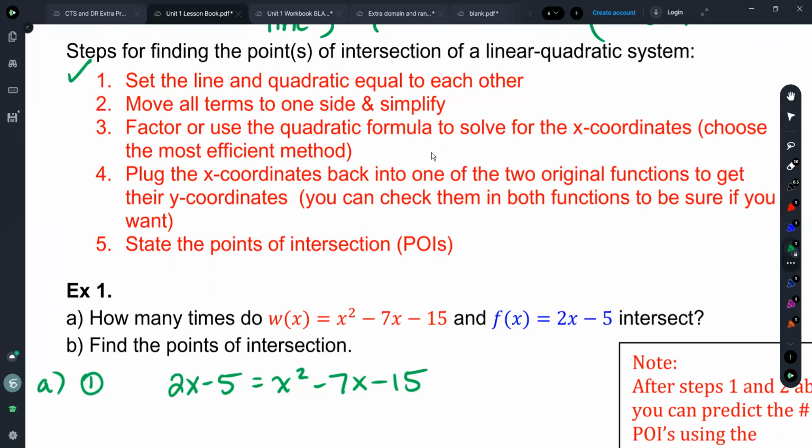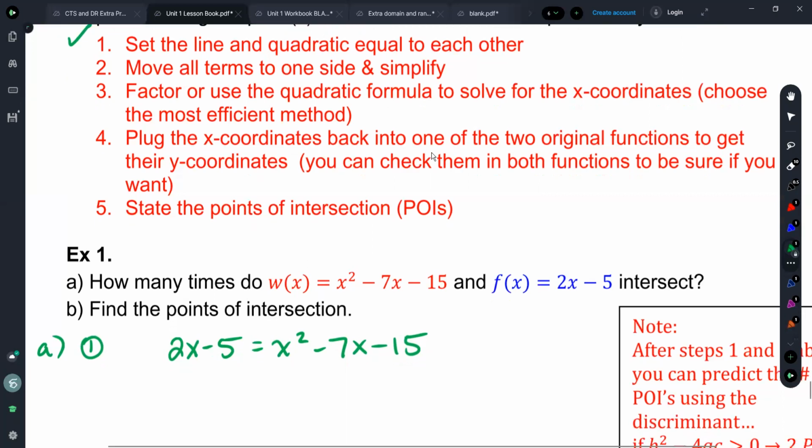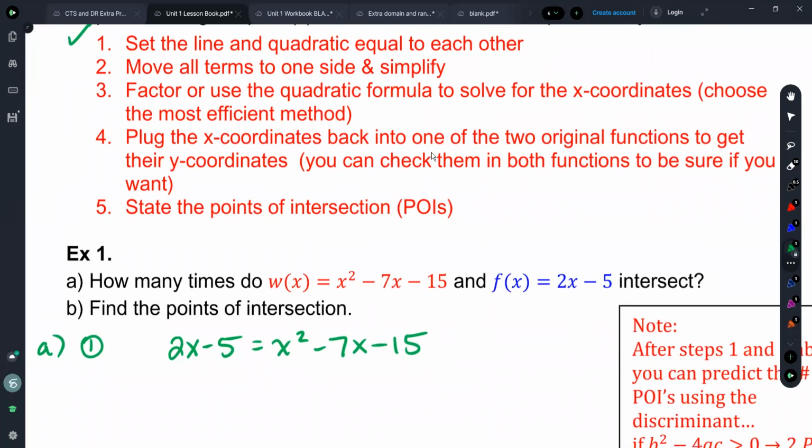So when I find a point of intersection, I'm saying at that particular point, the line and the quadratic have equal x's and y's at that point. So see how we set them equal to one another? I'm trying to find where they share the same x and y. That's the idea.